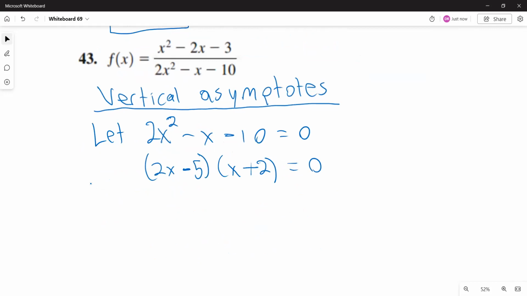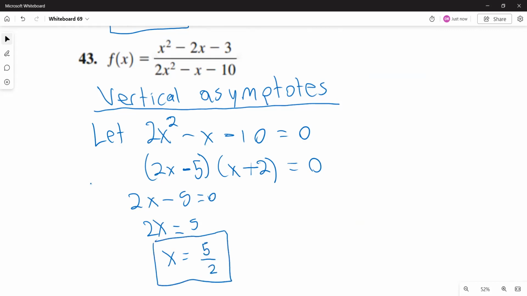So solving, 2x minus 5 equals 0, so one vertical asymptote is x equals 5/2. Setting x plus 2 equals 0, the other vertical asymptote is x equals negative 2. These are the vertical asymptotes, and now the horizontal asymptote.